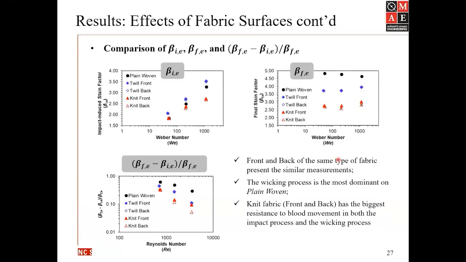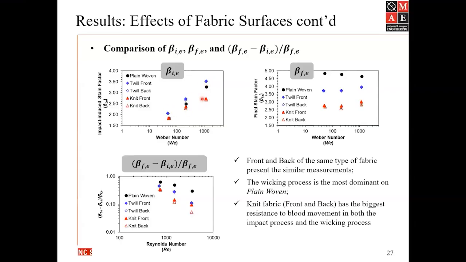If we go back to Tigan's analysis, we see for all three fabrics and both sides of the twill and the knit fabric, the impact-induced stains increase approximately with the log of the Weber number.